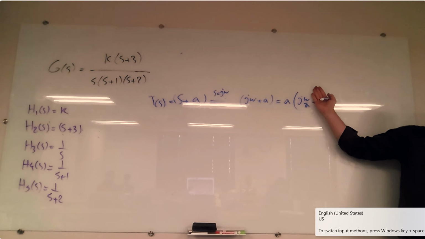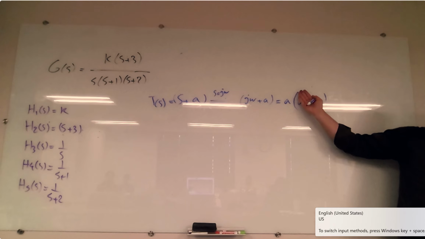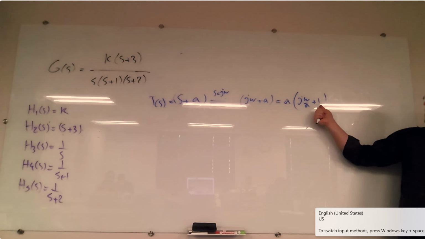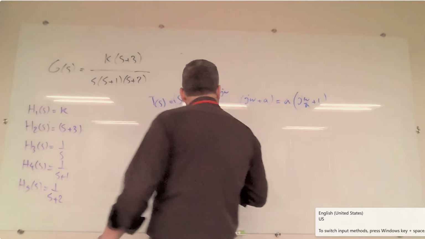Are we good? Now, if a is bigger than omega, then this is very low. We can neglect that, or say it doesn't affect much, and then the amplitude and phase would be dominated by this 1. Correct? So what does that mean?